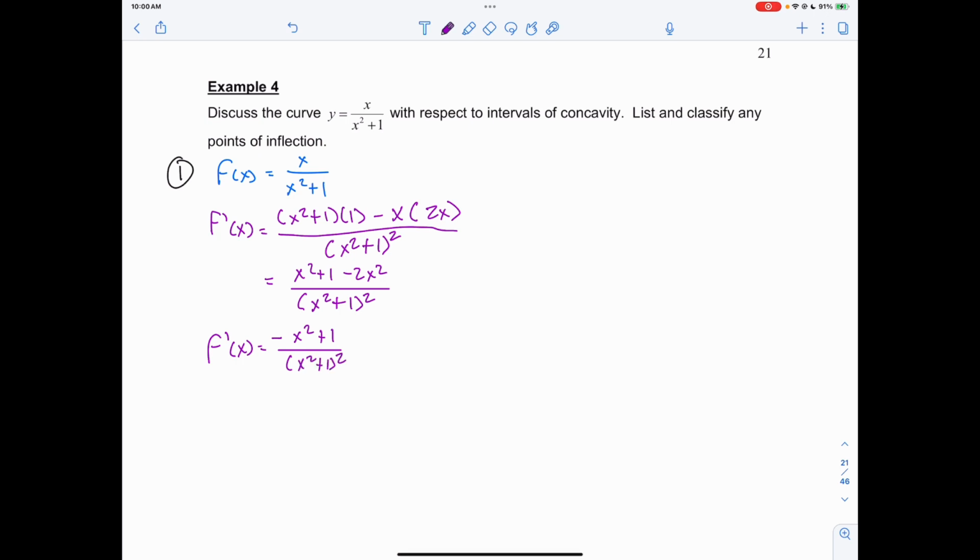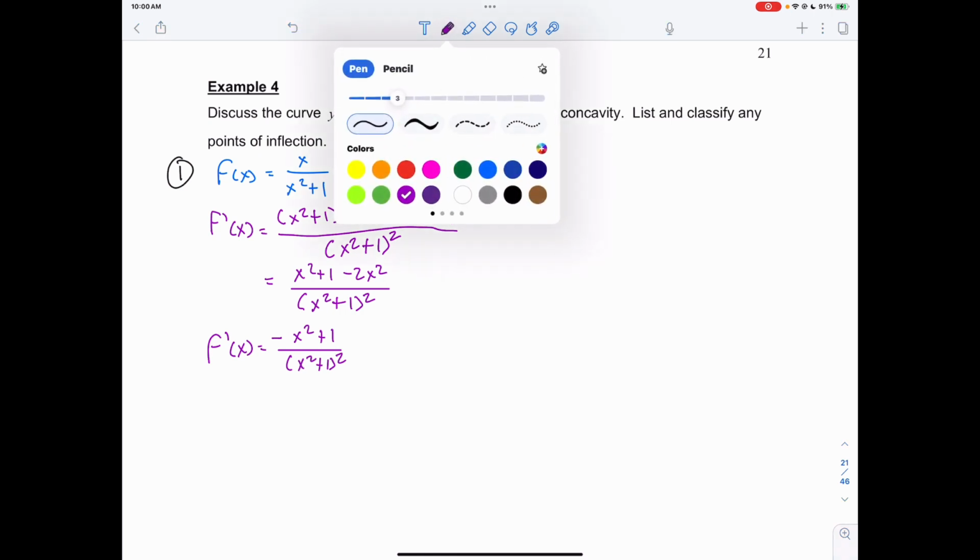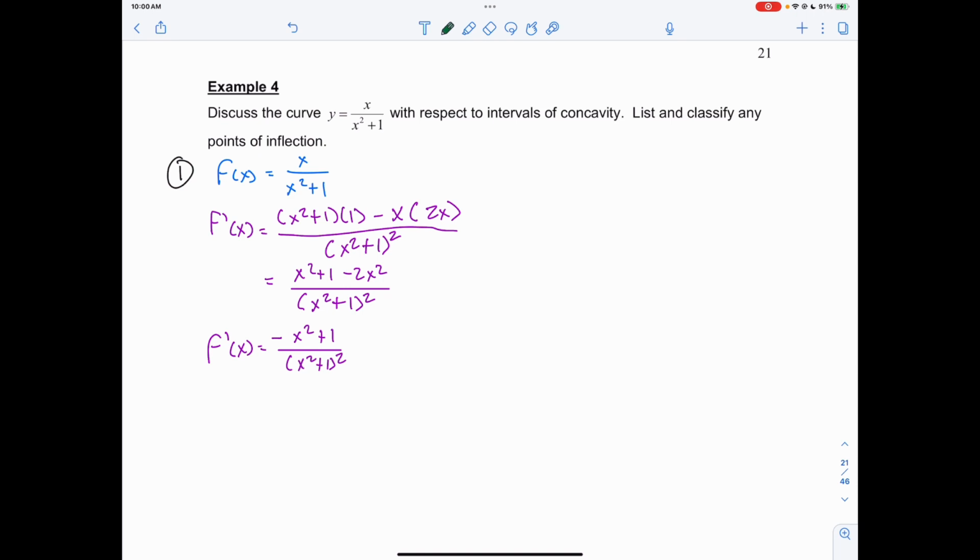I can factor out the negative. Doesn't really make a big difference because now I'm just going to take that and do my second derivative.